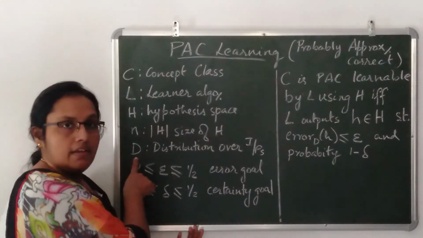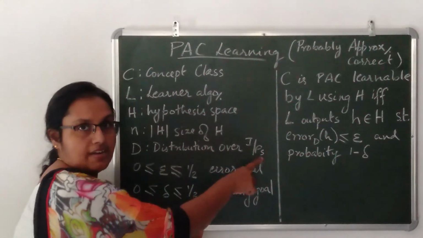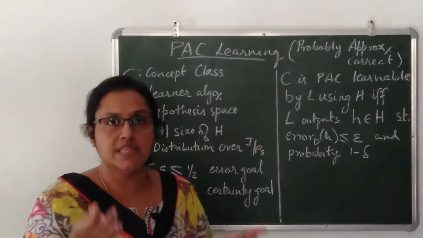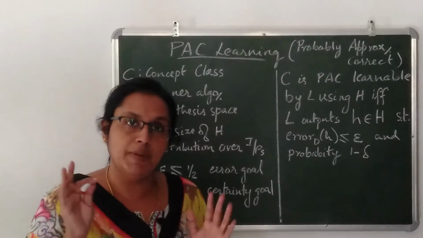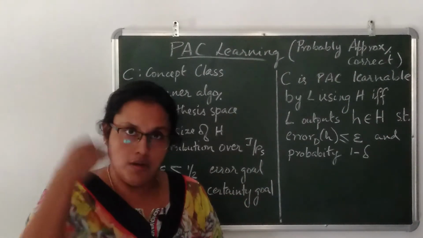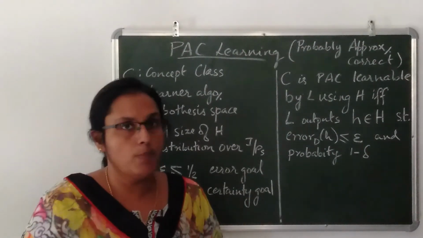And D is the distribution over which the inputs are. Earlier I told you that if I'm teaching you only simple examples, then my test must also consist of only simple examples. If I have taught you complex problems, then your test can consist of complex problems also.